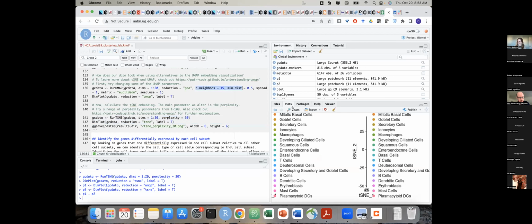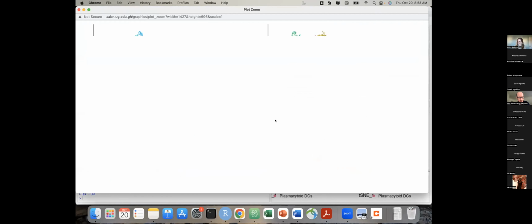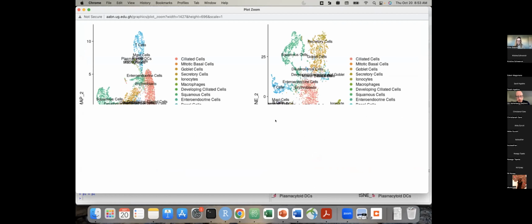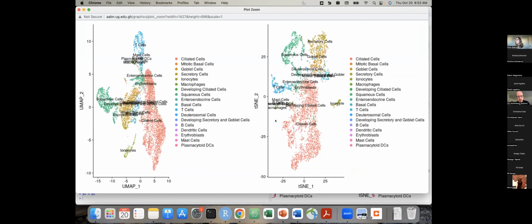And I think Sergio said this yesterday, but the UMAPs and the t-SNEs are all calculated starting from your principal components analysis. There is a difference in that they're both what are called nonlinear dimensional reduction techniques, and they make a lot of different assumptions about the data and what in the data they're trying to preserve as you go from high dimensions to low dimensions. So they're mathematically very different.